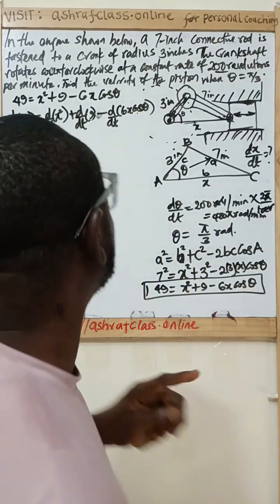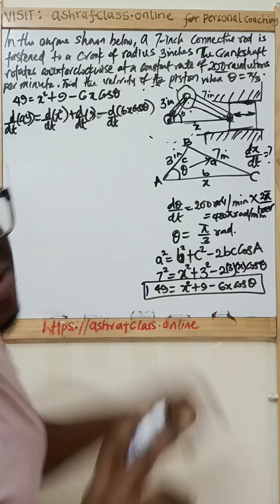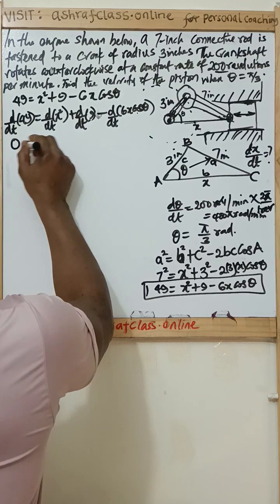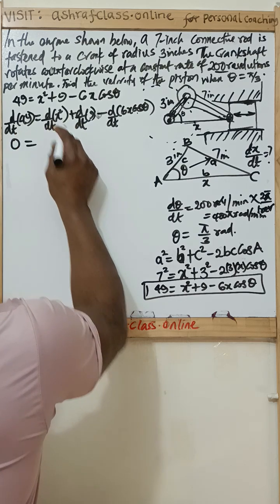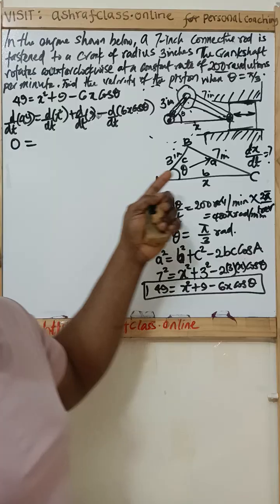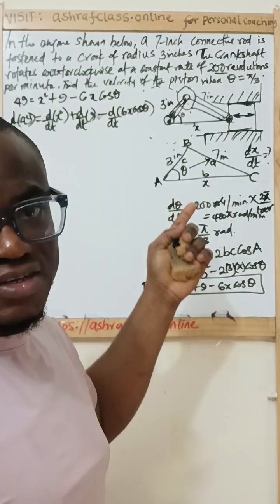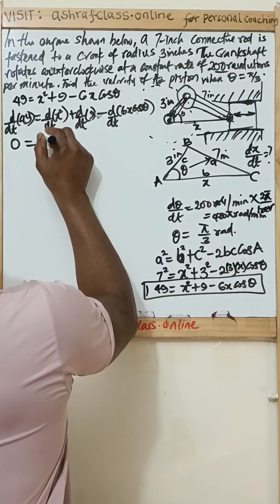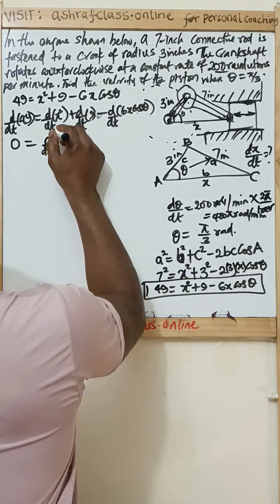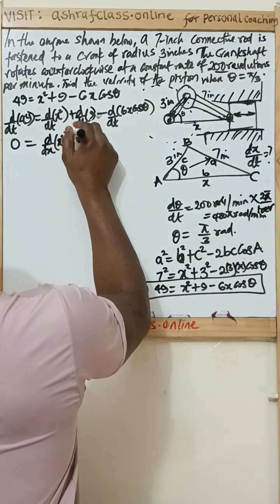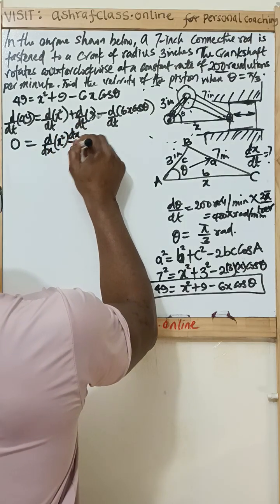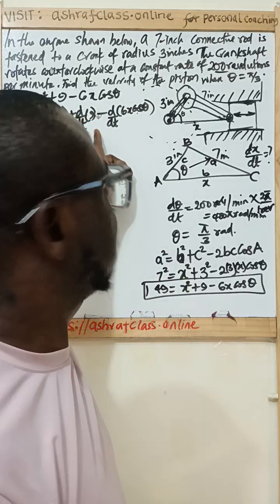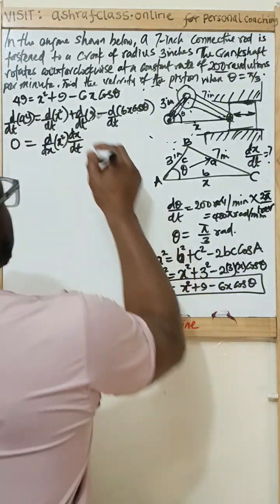The derivative of a constant is 0. For d/dt of x squared, we need to apply the chain rule, so this is d/dx of x squared times dx/dt. The other constant is 0 already.